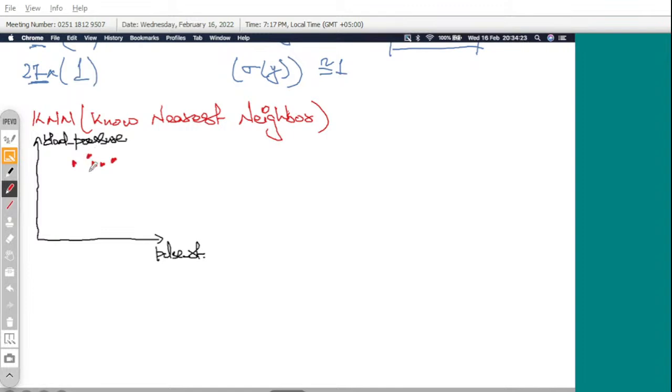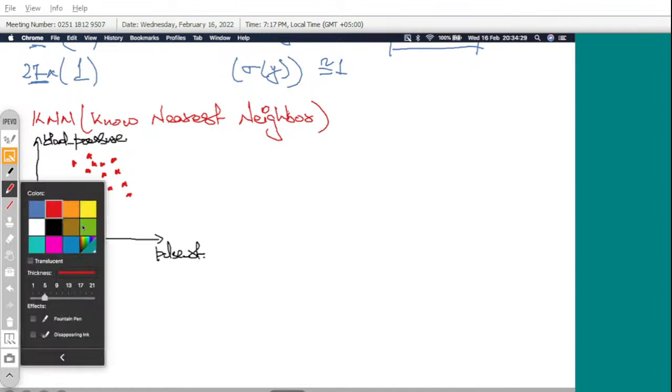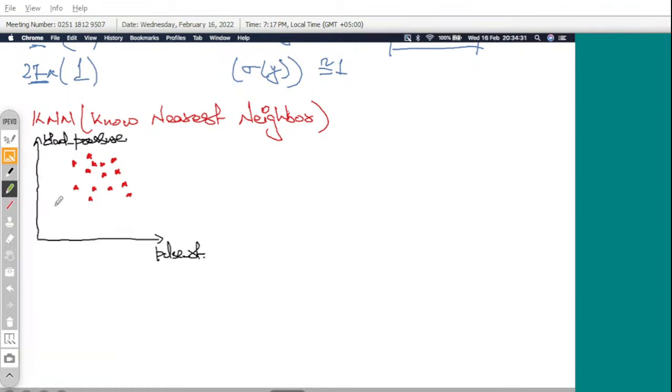Suppose we have the data for people having disease and not having disease. So it will give the class that has the more number of observations. If it is exactly between 0 and 1, it will predict the one that has more observations, right? Majority. It will follow democracy and say majority wins.